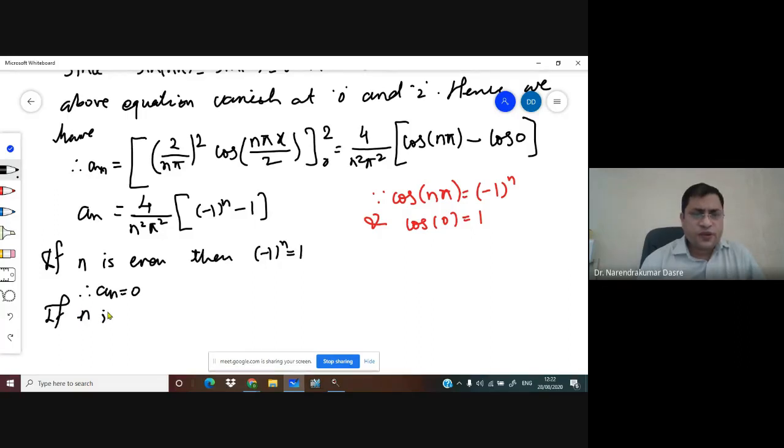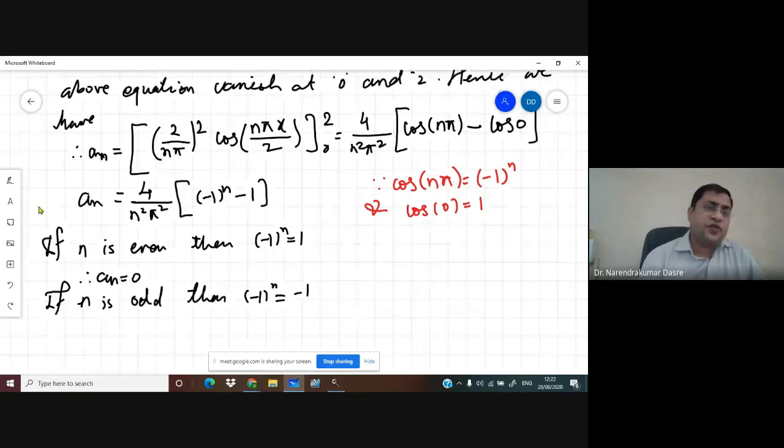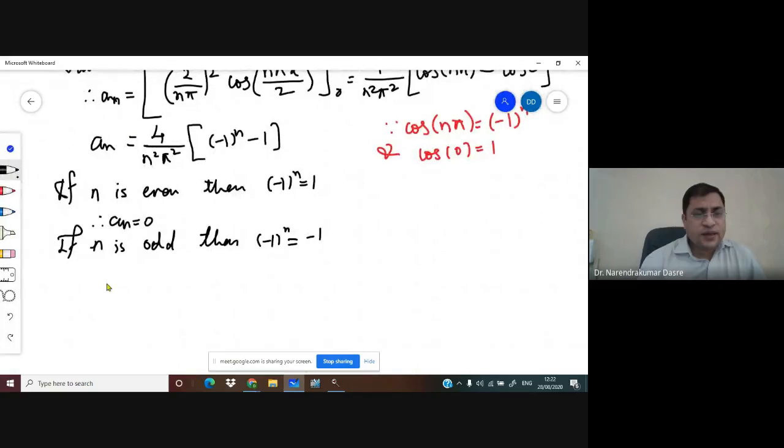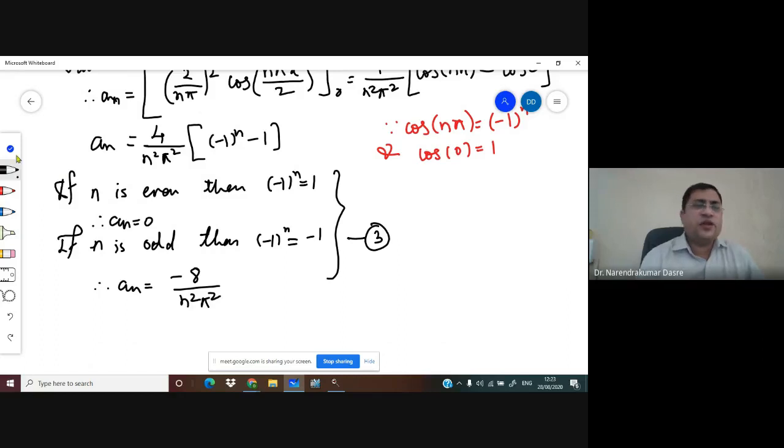So if n is odd, then minus 1 raised to n is equal to minus 1. So this is minus 1, minus 1, minus 2. And if you have this minus 2, then this an will become minus 8 upon n square pi square. So this is equation 3.